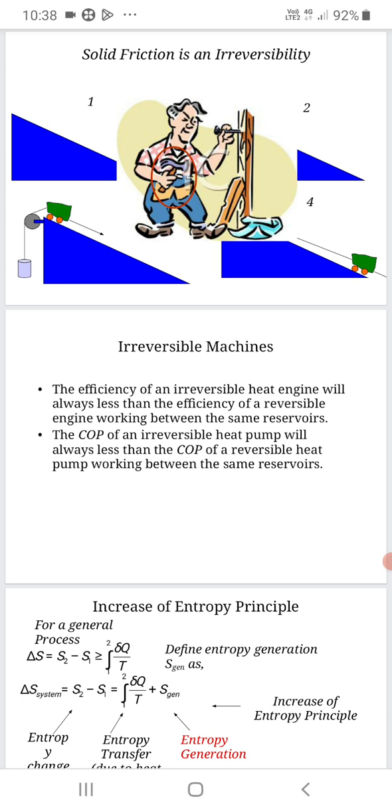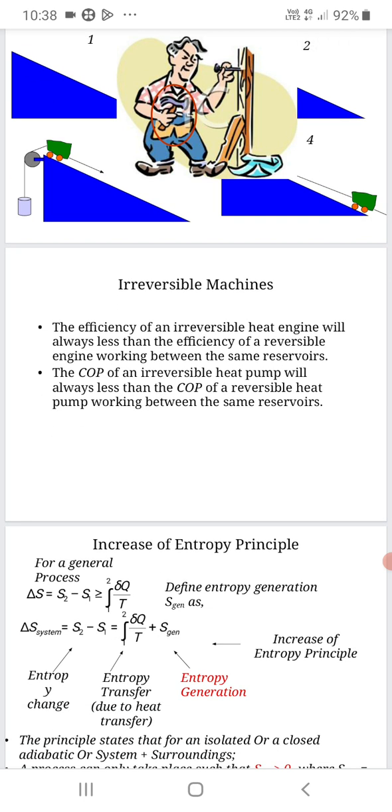The COP, that is coefficient of performance, of an irreversible heat pump will always be less than the COP of a reversible heat pump working between the same reservoirs. That is, irreversible and reversible processes between the same reservoirs does not mean that they are working under the same temperature limits.